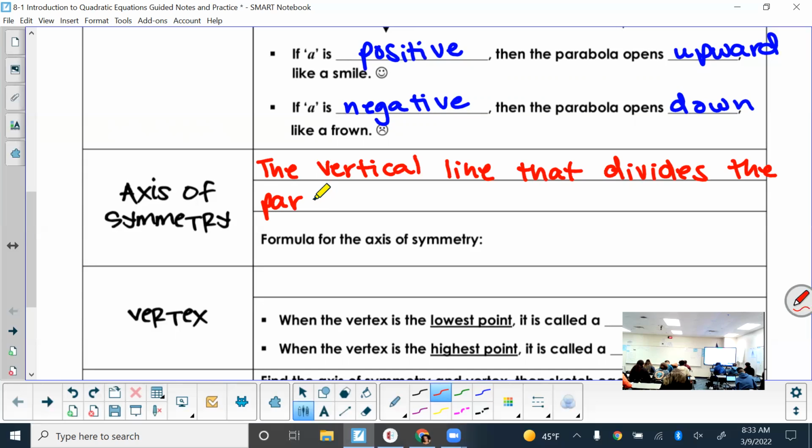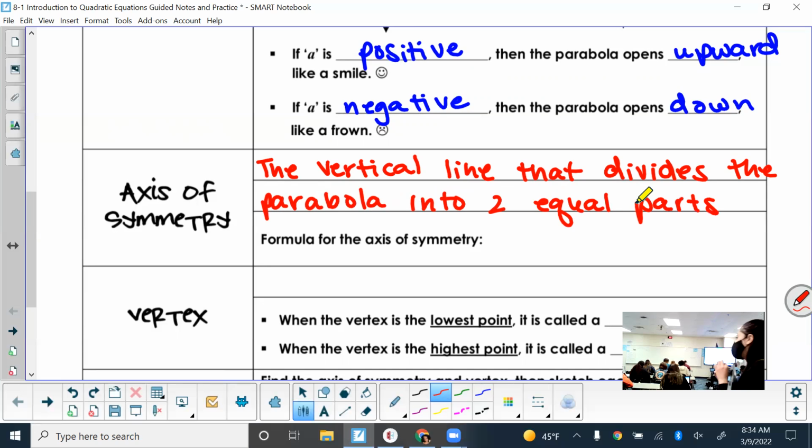The vertical line that divides the parabola into two equal parts.